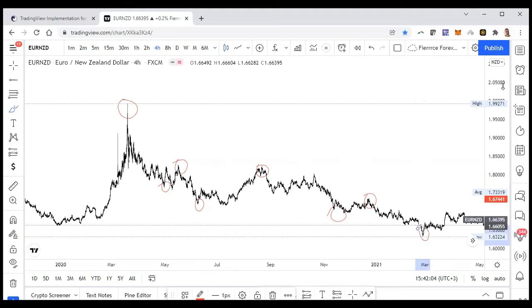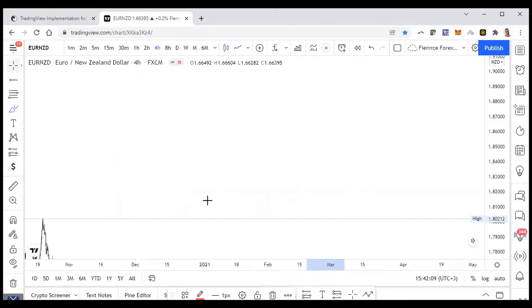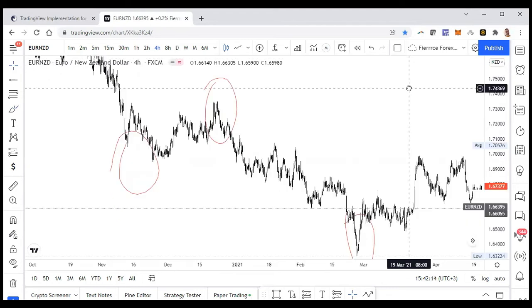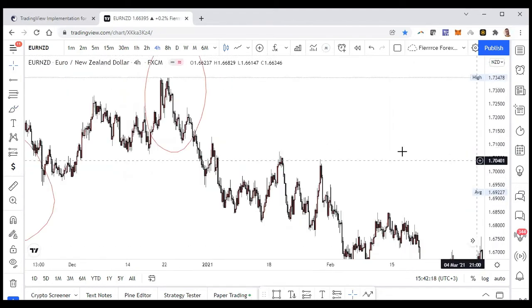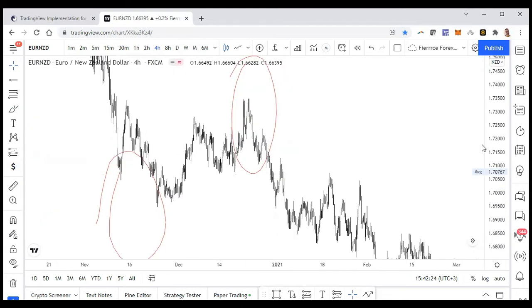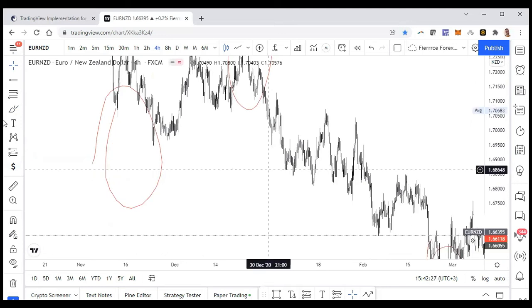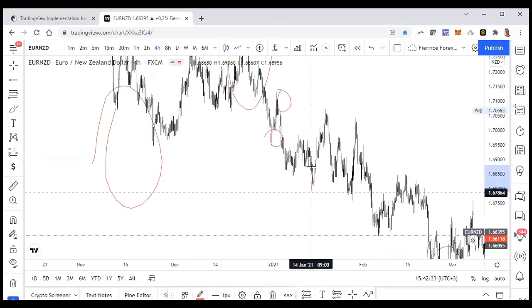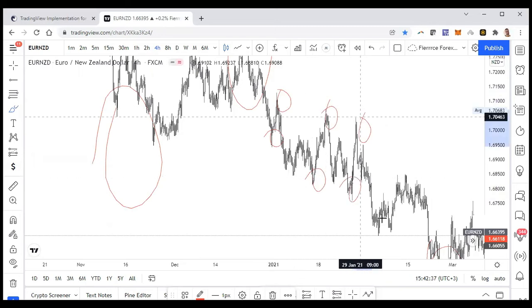Okay. Now, when I zoom in, what do we see? More intermediary structure. When I zoom in, I now even see that from this high here, there was actually a low that formed here, a high that formed here, another low, another high, another low, another high, and so on and so forth.